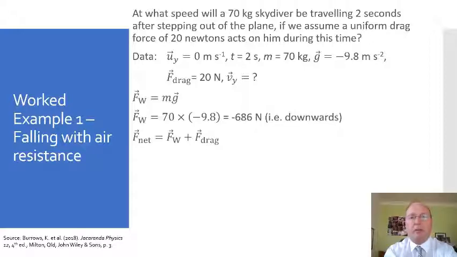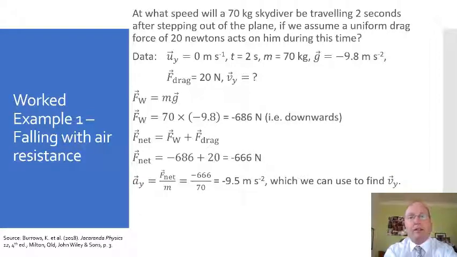Now remember that both of these are vectors, so when we're adding force due to weight, it's got a negative, and we add force due to drag, and it's acting in an upwards direction, it's positive. So when we add them together, negative 686 plus 20 equals negative 666 newtons. So the net force is acting downwards.